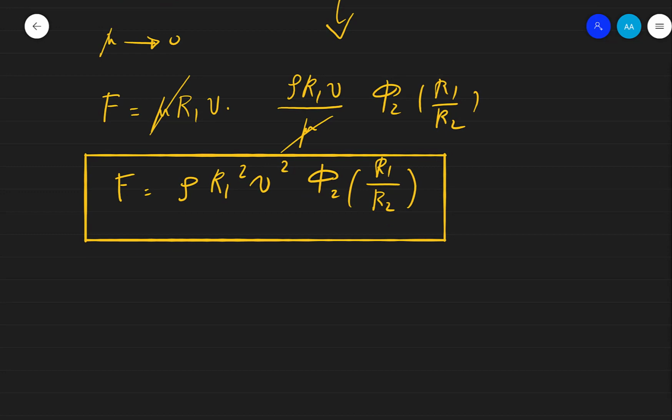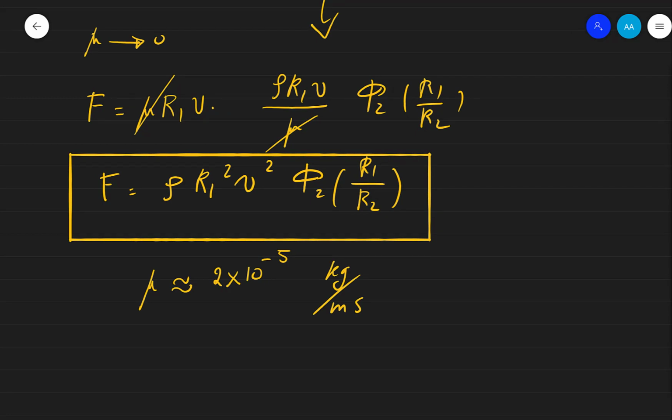When some object is falling in the air, for example, a raindrop or a parachute, we should use the parameters of the air. Viscosity of the air is about 2 times 10 to the power minus 5 pascal second. And the density of air is 1 kilogram over cubic meter.